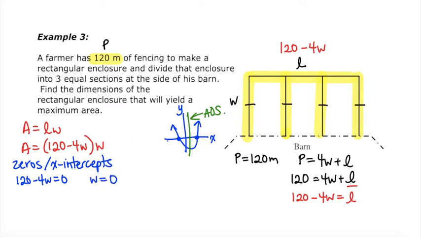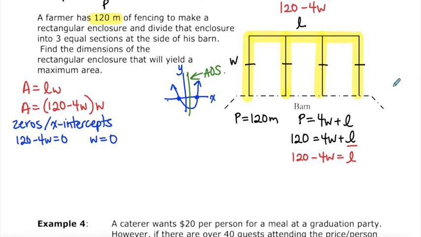Okay, so these W's refer to the x-intercepts. They're not going to be the same W that I'm going to have when I find my vertex, okay? So I want you to understand the difference between those.